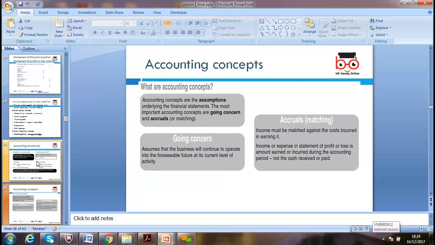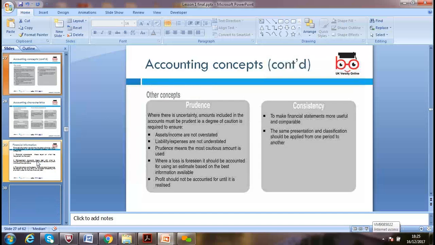So when we are preparing financial statements, that will help us and provide the financial information. Going concern means the company will carry on as a normal business, looking at the financial statements. Accrual: we look at how much income we have and how much expense we have, and we can match them. Prudence: we can test the assets, we can prove it.